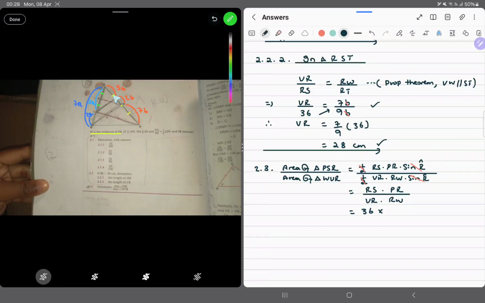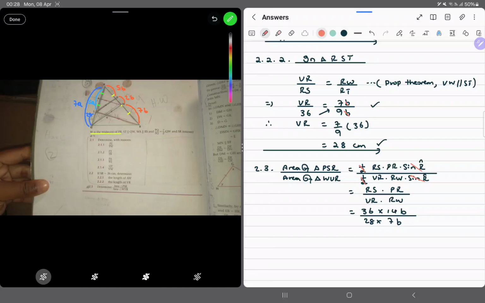This is 9 plus 5 is 14. So 14B divided by VR, which we calculated is 28, multiplied by RW which is 7B.